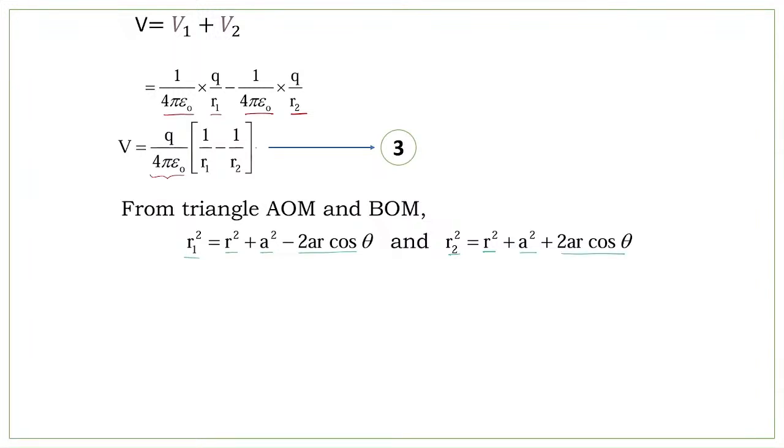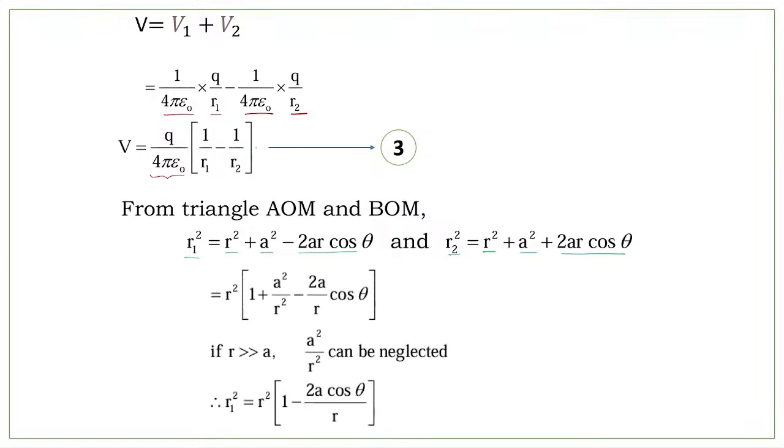Therefore, R1 square becomes, take R square common, we get R1 square is equal to R square into bracket 1 plus A square by R square minus 2A cos theta by R. If R is much greater than A, then A square by R square can be neglected.